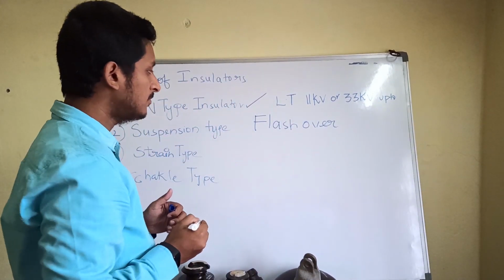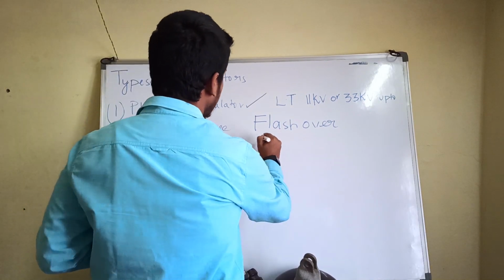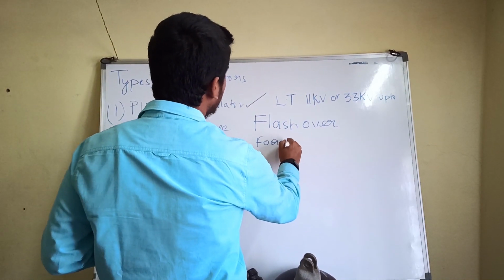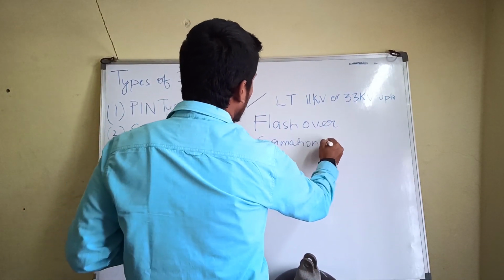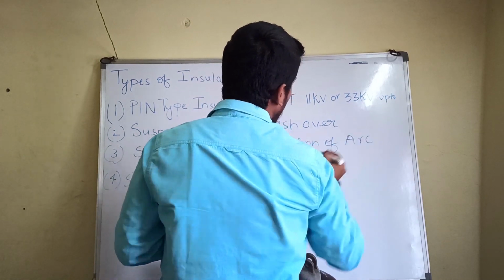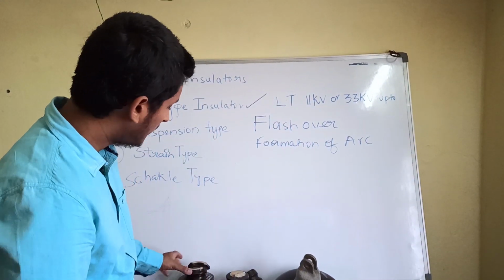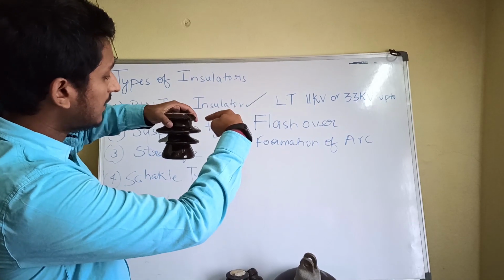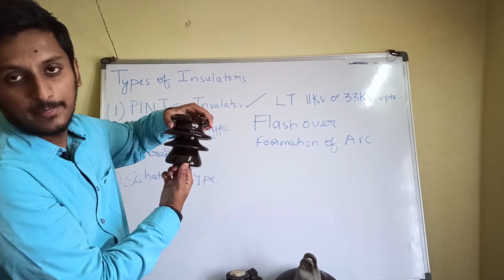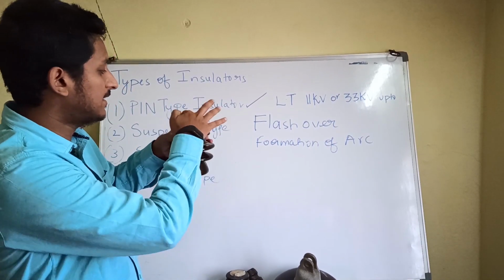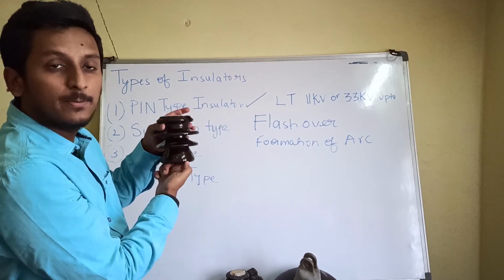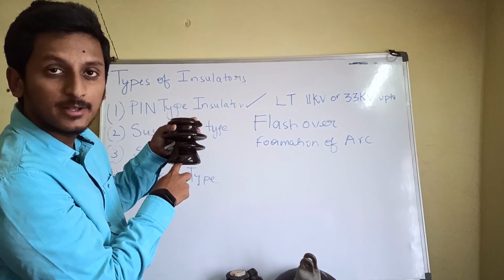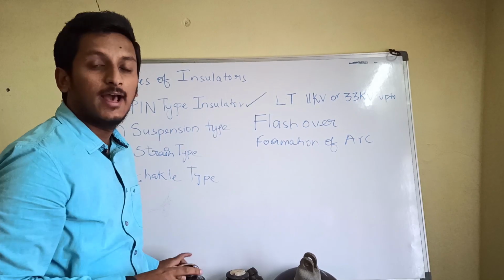If there is a formation of an arc between the conductor, the topmost conductor, and the supporting pin, that is called flashover.